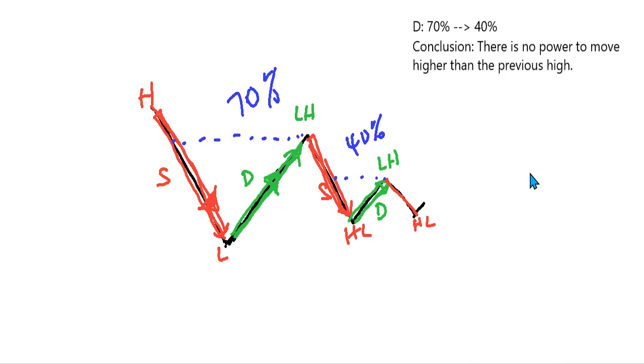Now we're going to look at the supply side. To know the supply side, we need to have, again, two loops. I'll use the red mark. That's the supply side. So that is one loop.